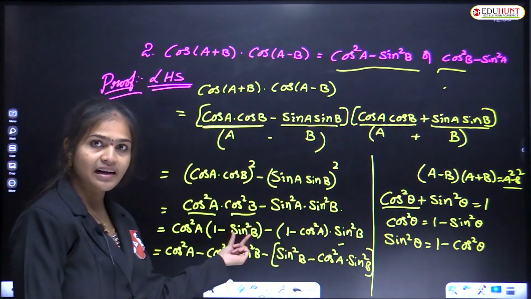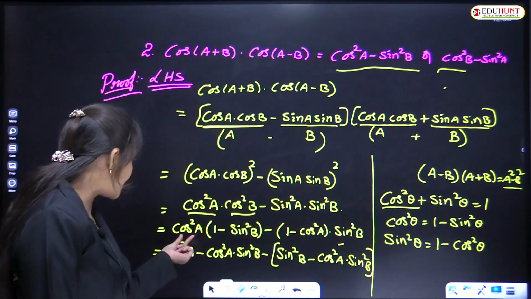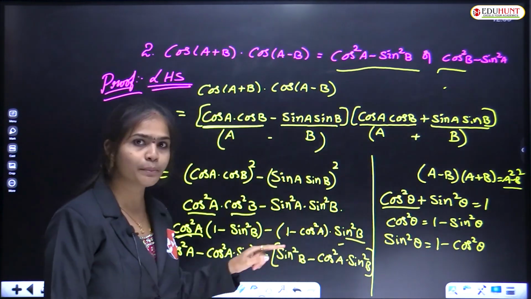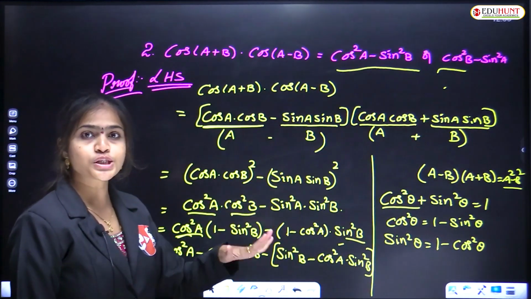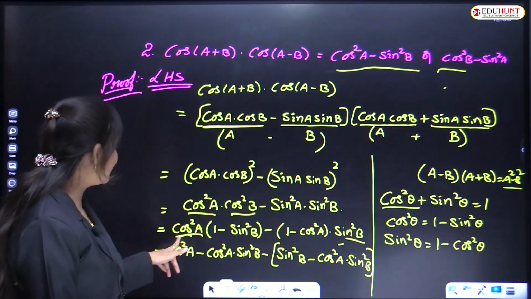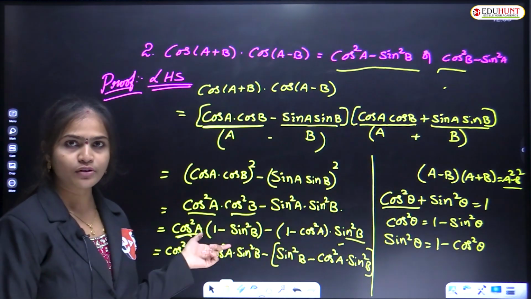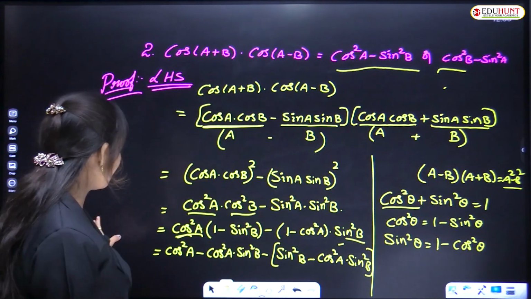Because here I changed B and here I changed A. So B and A get cancelled. Afterwards we are getting the A term here and the B term here. If you change the first cos square A term, then here we will get the cos square B term. Shall I explain this one? For this question I will explain that.